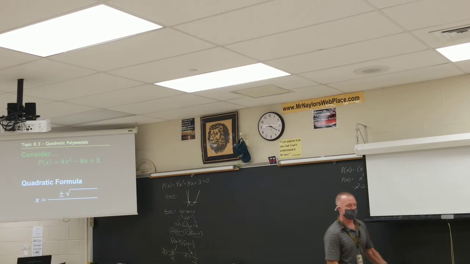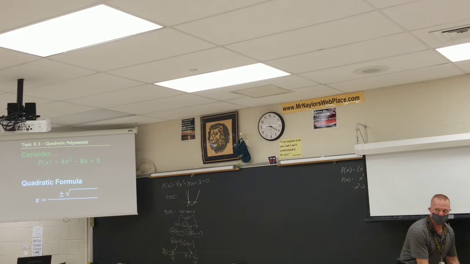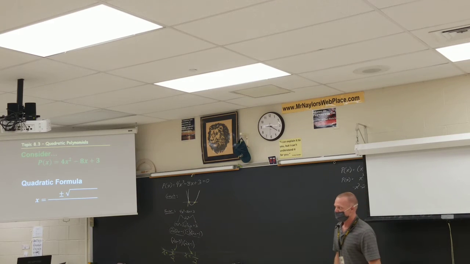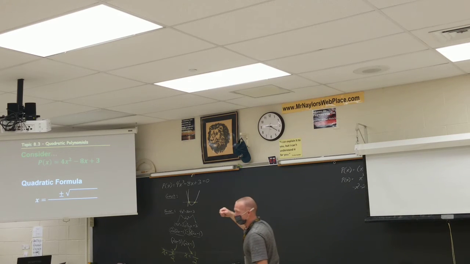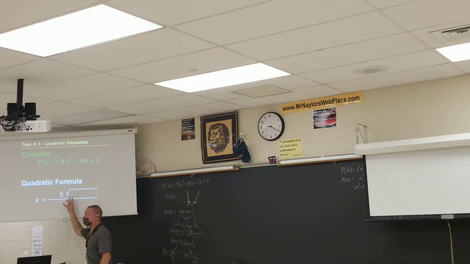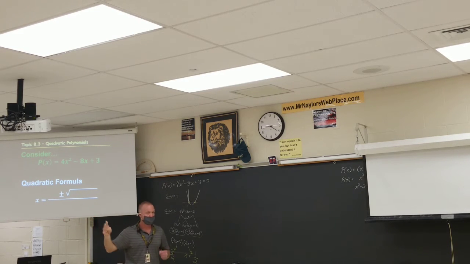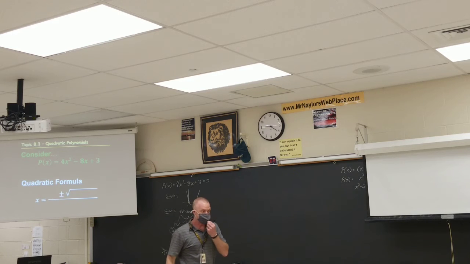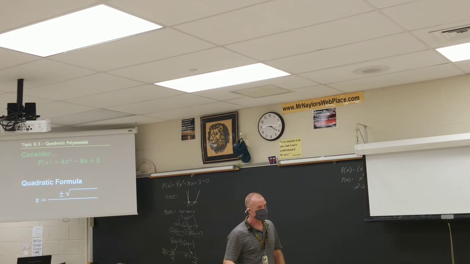I'm showing you that because I'm wondering if that rings any math bells. Does this help you to remember? It always starts with something. It starts with the opposite of B. Very good.